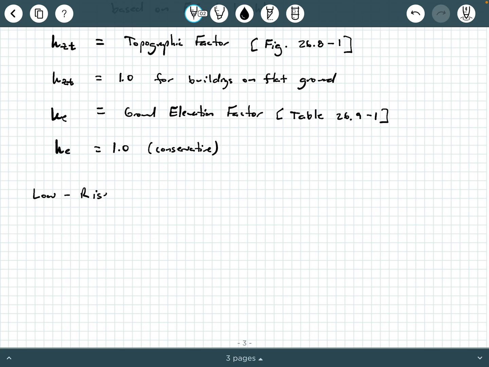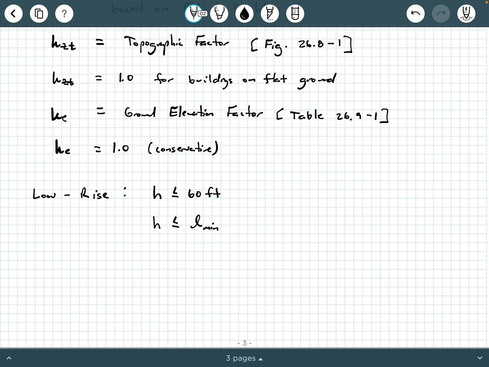So I like to define what it means to be a low-rise structure. A low-rise structure is one that has a roof mean height, which we talked about earlier, little h, less than or equal to 60 feet, and your mean roof height is less than or equal to the minimum plan dimension.